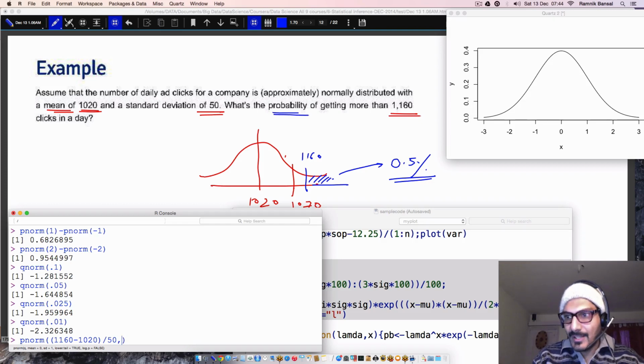And then my mean is equal to 0, SD is equal to 1. What about lower tail or upper tail, true or false?